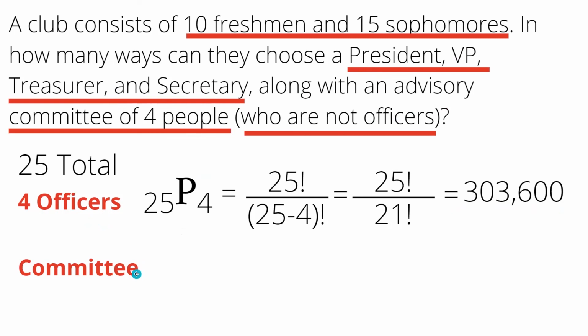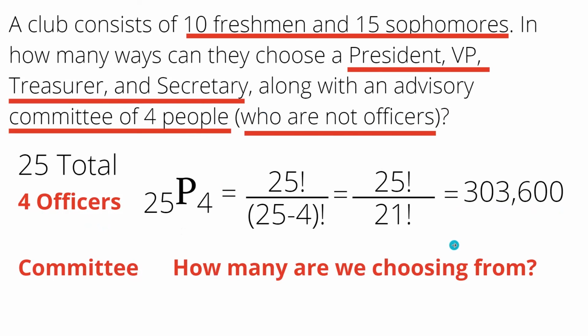So when we look at the committee, we again need to look at how many are we choosing from. Okay, so when we talk about how many are we choosing from, we had 25 total, but here's where this comes in. It says the advisory committee cannot be officers.